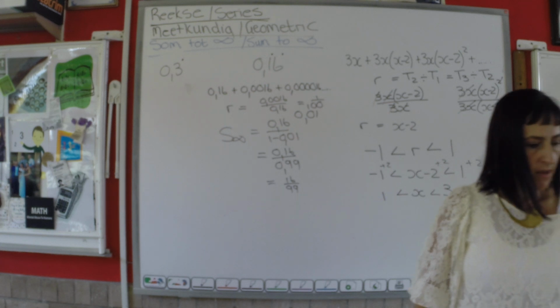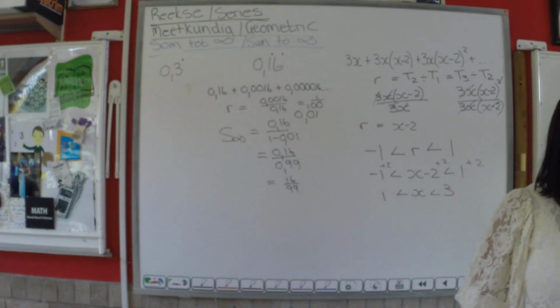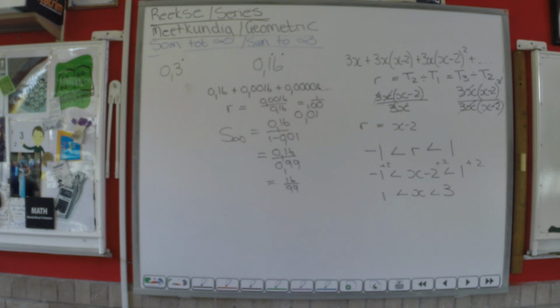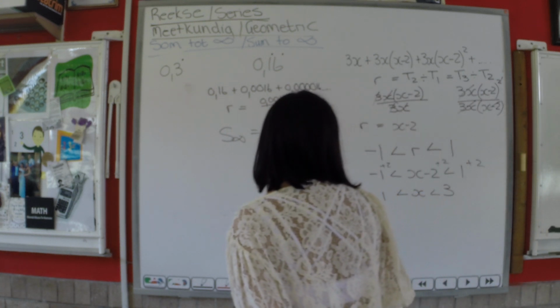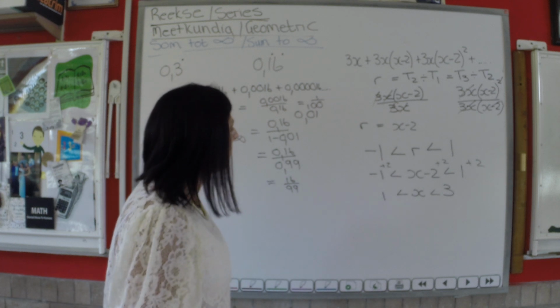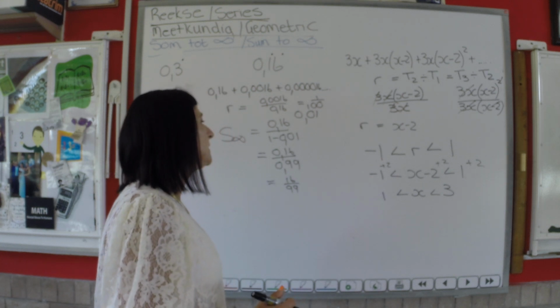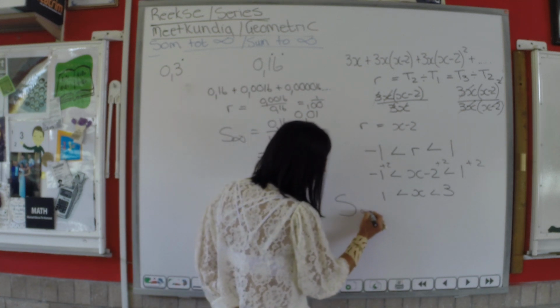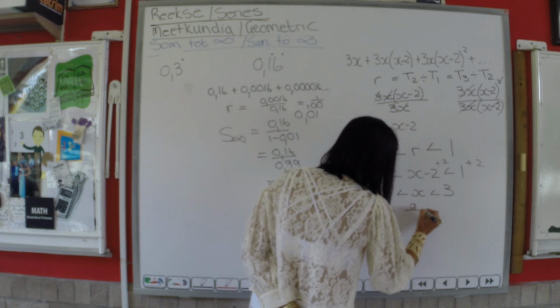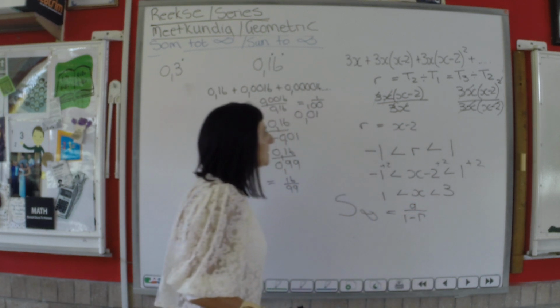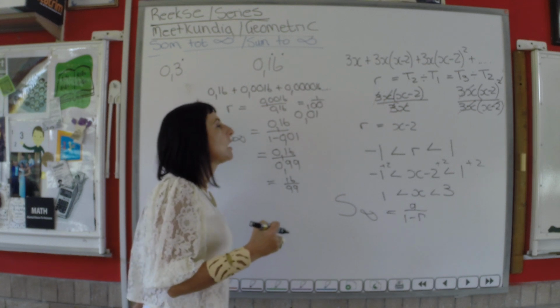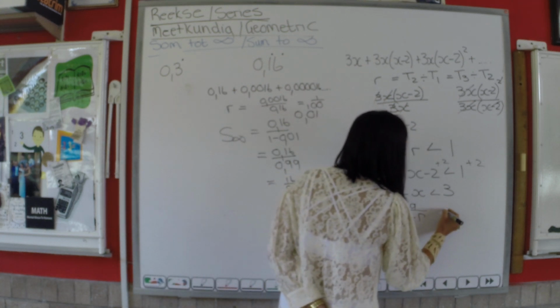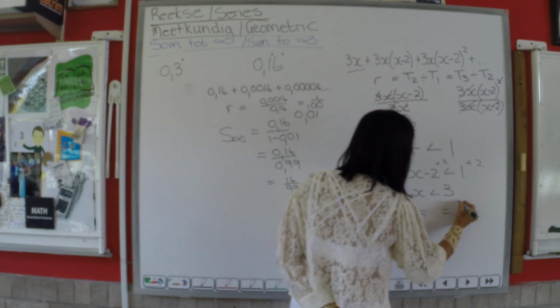En dit was die vraag. Bepaal die x-waarde waarvoor hierdie reeks konvergeer. Die volgende vraag is, indien x 'n waarde is waarvoor die reeks konvergeer, bereken die som tot oneindig in terme van x. Som tot oneindig, and I need the answer in terms of x. So let's take the sum to infinity, and I'm going to work it out in terms of x. Dit beteken, my antwoord mag x in het. So kom ons gaan vat vir a, hy is 3x.